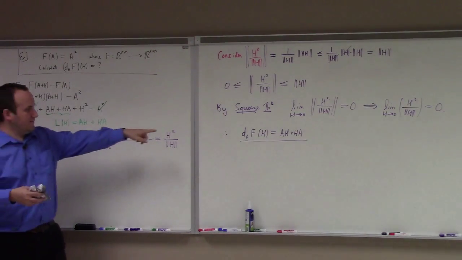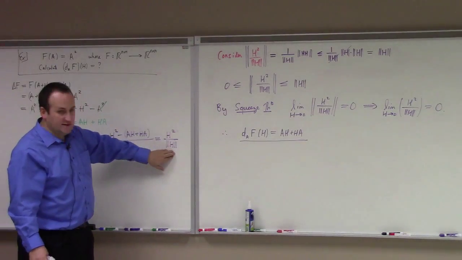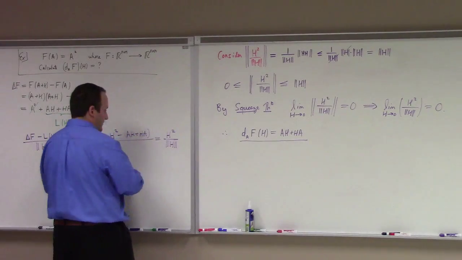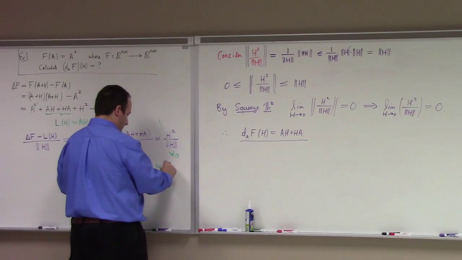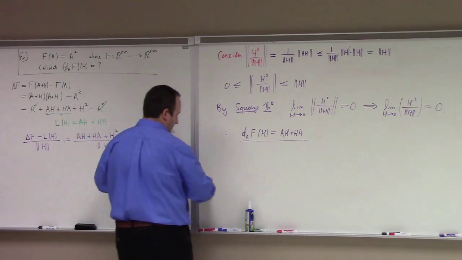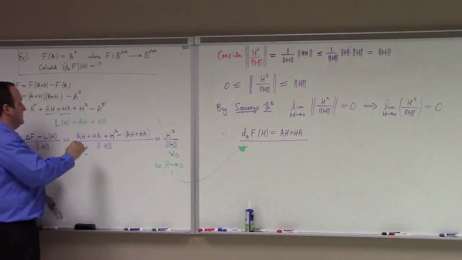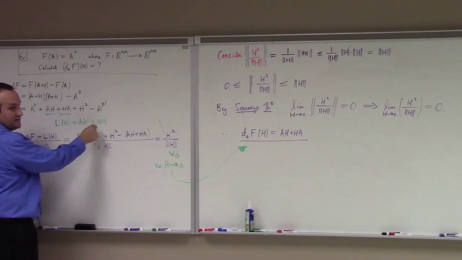Which jump? Oh, how did I get from there to here? What I've shown is that this limits to 0. Since this goes to 0 as h goes to 0, that tells me this, because I proposed that the linearization of this function is given by this.